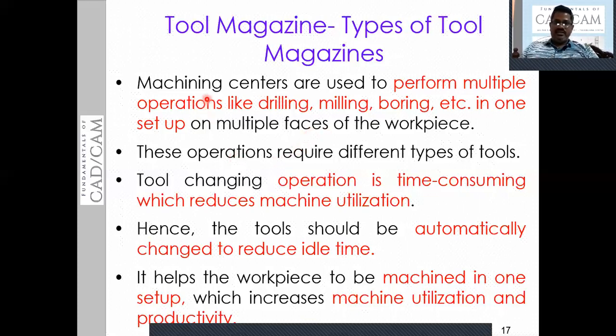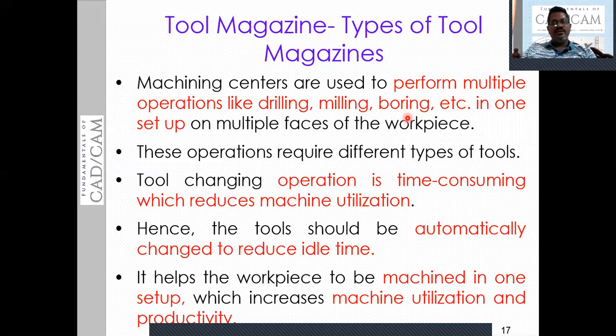Basically, machining centers are used to perform multiple operations in a single setup, like drilling, milling, boring, or any other operation. A machine which is able to perform multiple operations is called a machining center.